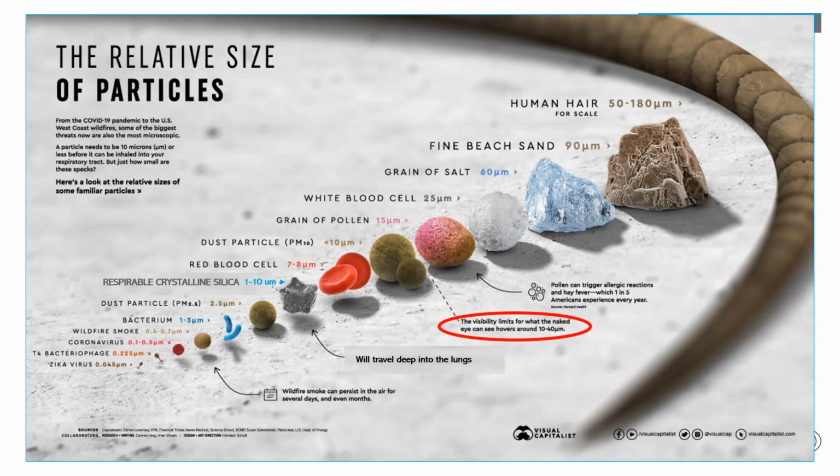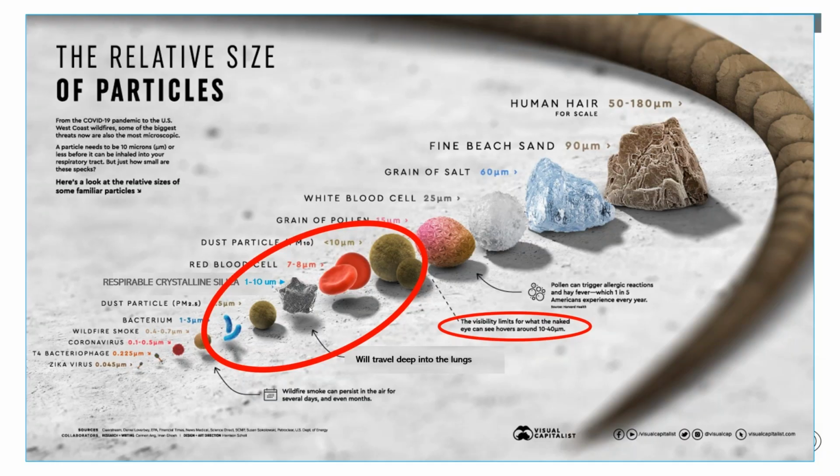And so the size of particles that we are talking about are in this range right here. They're from that 1 micron up to about 10 microns. Now, you'll notice that red blood cells are larger than some of these silica particles that travel deep into our lungs.